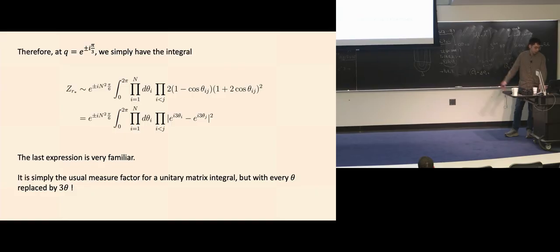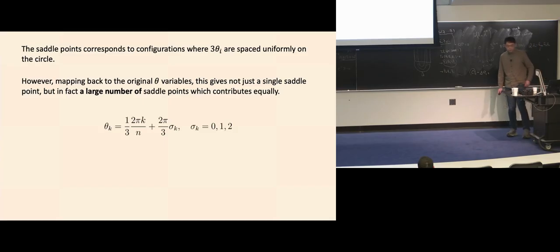So after you arrive at this step, you know very well what the answer to this problem is. The saddle point configuration will be the configuration where the 3 theta i's are spaced uniformly on the circle. That's the saddle point configuration for the unitary matrix integral with only this measure factor. However, what's interesting is that if you move back to the original theta variables, this gives not just one single saddle point, but a large number of saddle points, because after fixing 3 theta, theta is not single valued.